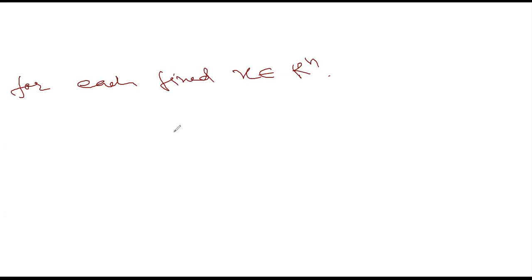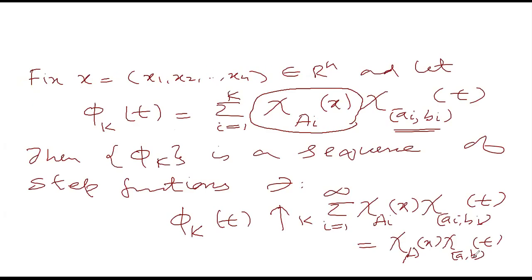Now, by inductive hypothesis, look at this line. This one increases to this. What's phi k(t)? Phi k(t) is this summation. So now you take the limit with respect to k, but with respect to the variable t.